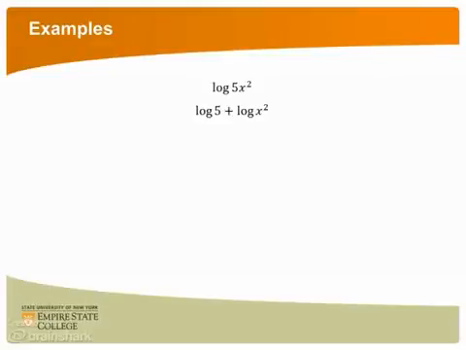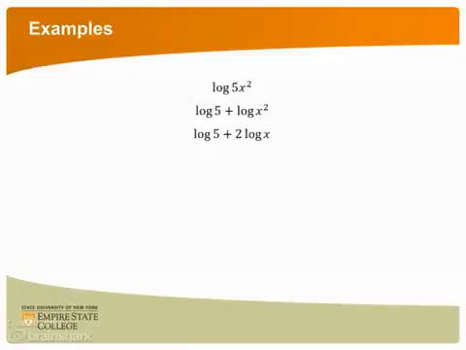First, we recognize that the 5 is multiplied by the x squared. The first step of our expansion would be the log of 5 plus the log of x squared, since the log of a product is the same as the sum of the logs. We are not quite done. We can still simplify the log of x squared.